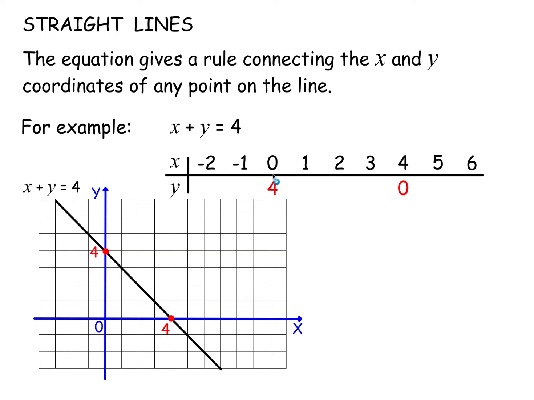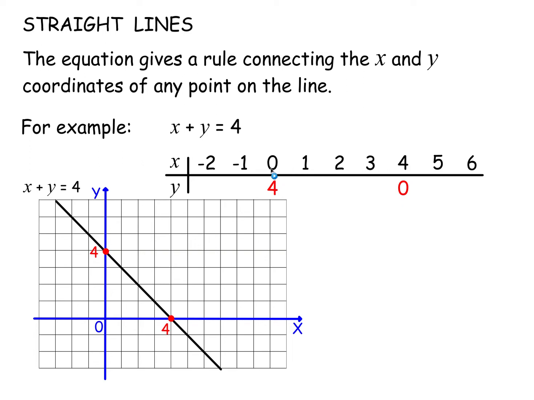If we have the point 0, 4, there it is on the y-axis, and the point 4, 0, there it is on the x-axis, so that's where the line meets the y-axis and where it meets the x-axis. 2 points are enough to draw the line. We don't need all these points, we just need 2. And the 2 best points to take are where the line meets the axes, because we like to know them anyway, and they're easy to get.